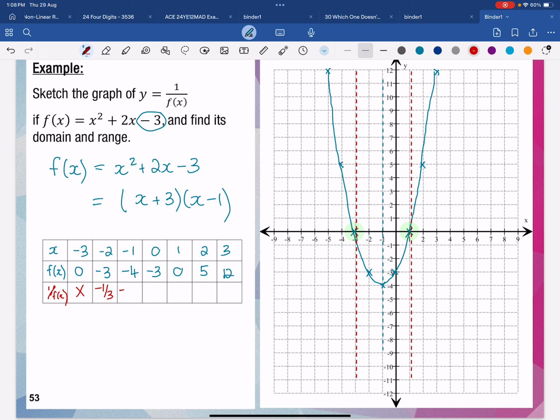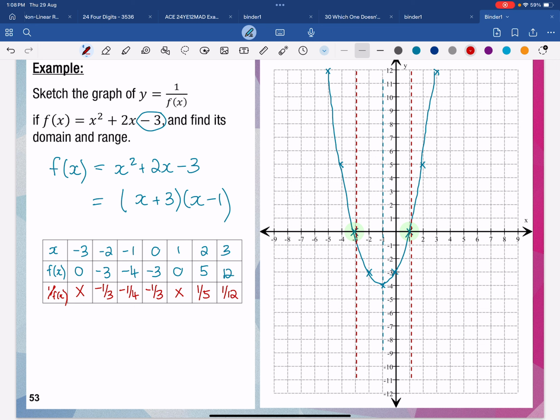I will have minus 1 on 4. I'll have minus 1 on 3. I'll have another undefined value. That's where I've already shown my vertical asymptotes. I will have, now we're getting into some positive values, 1/5, 1/12.